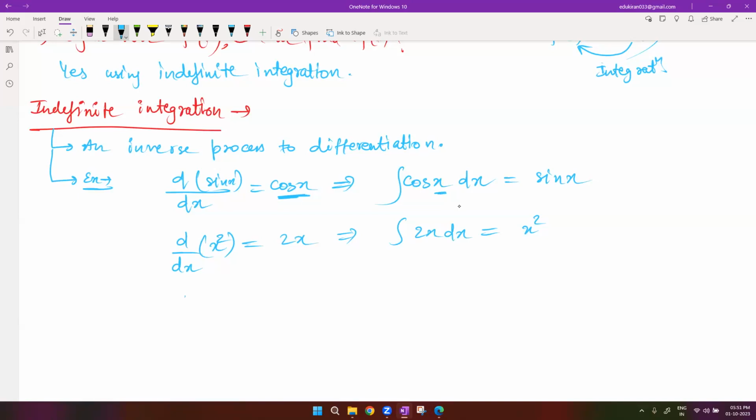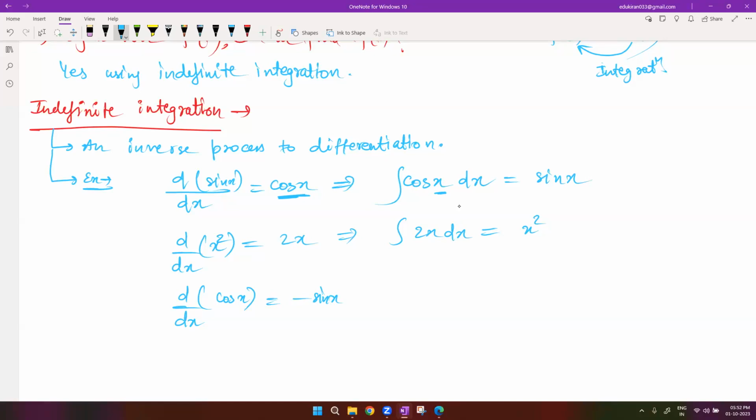Okay, what's the differentiation of cos x? Minus sin x. Minus sin x, correct? So can I say that integration of minus sin x would be cos x? Yes, sir. Correct, right? But what do I want? I want the integration of sin x. Rather than minus sin x, what I need is sin x.